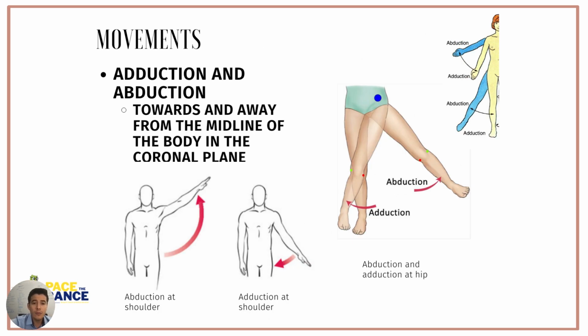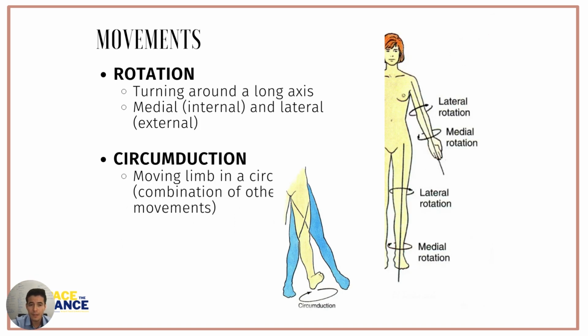Okay, various movements. Onwards, we have abduction and adduction. Abduction is moving away from the plane of the body, versus adduction is bringing the peripheral limb towards the body. So we have a couple of examples of abduction and adduction here. Other movements, we have rotation and circumduction.